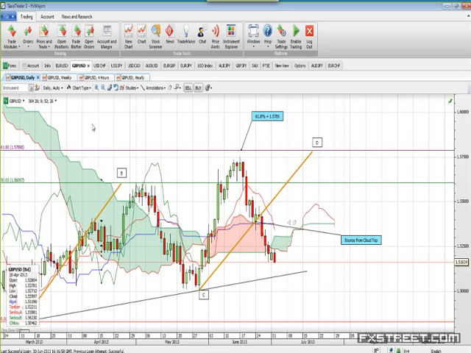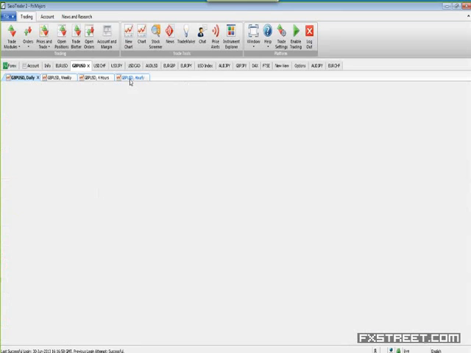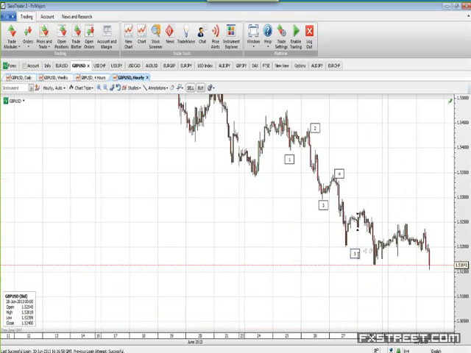So there is scope for cable to retrace slightly, but again, like I said, the medium-term bias is still to the downside. Any decent reversals I would look to sell into. Short time frames, the last leg was down in 5, and it's surpassed that.